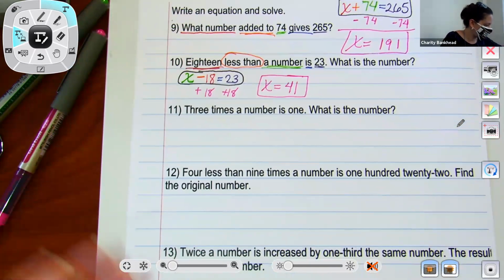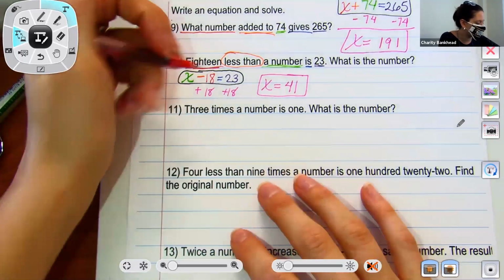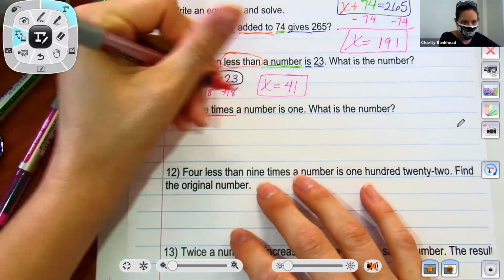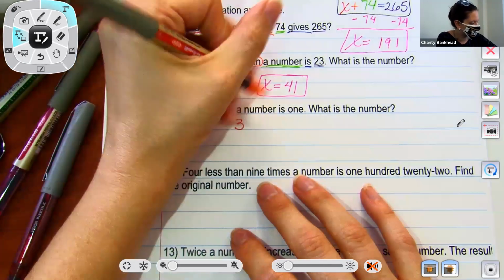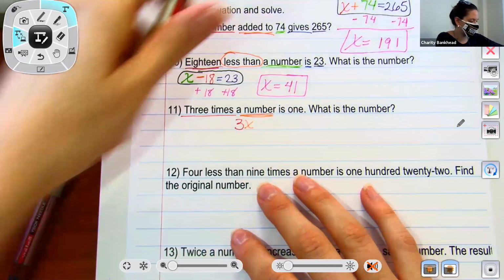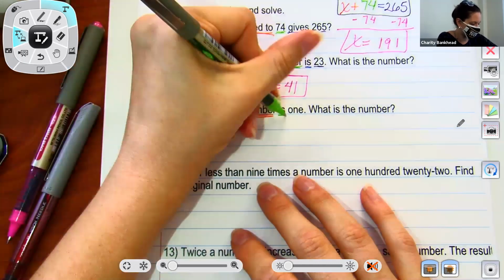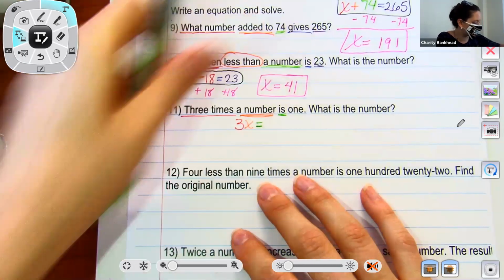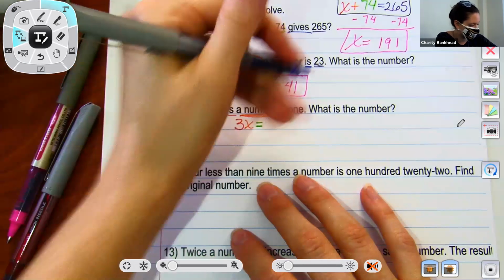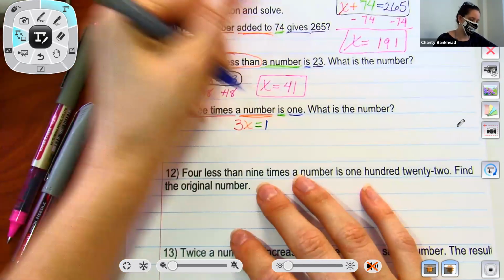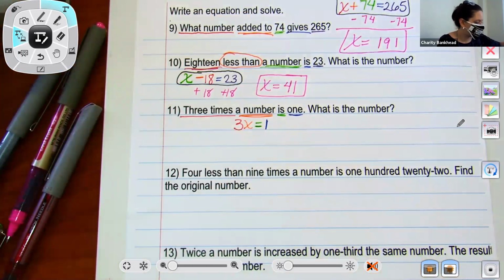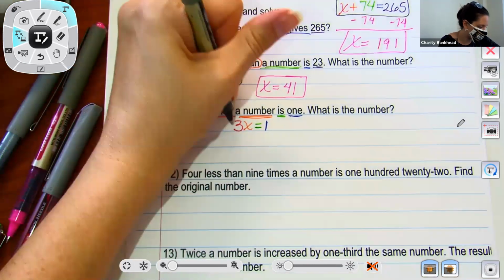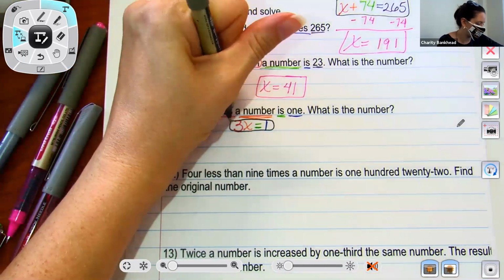Okay, number 11 says 3 times a number. So that would be 3x is 1. So is means equals 1. All right, so 3x equals 1 is the equation. And then to solve for x, we're just going to divide both sides by 3.